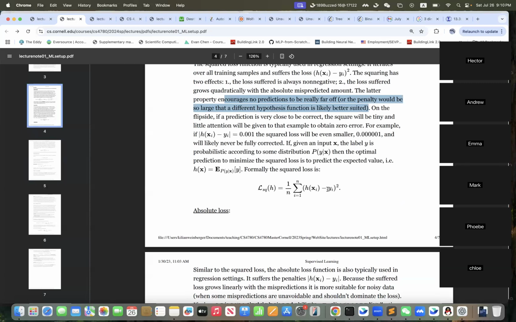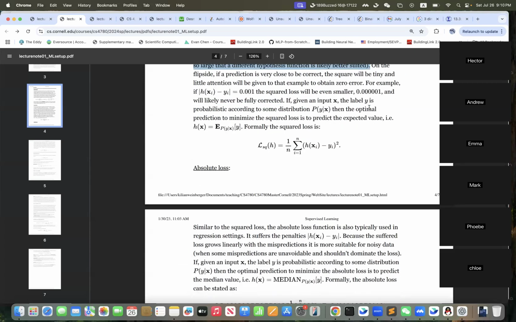If they are only 1 apart, we are adding 1, right? So 1 and 25 are a very large difference. It's not like 1 and 5. 1 and 5 differ by just 4, but 1 and 25, the difference is 24, right? So if you are making a square loss, you are penalized for being really far off.